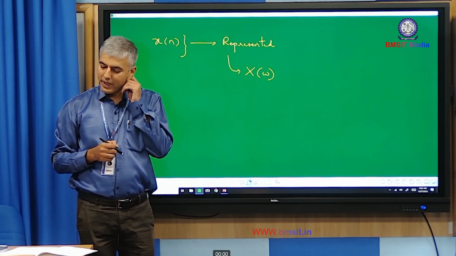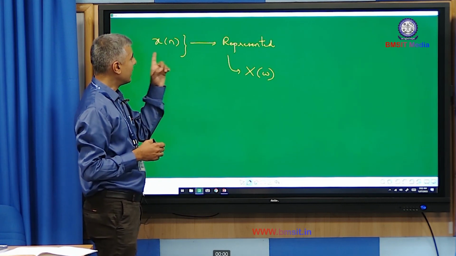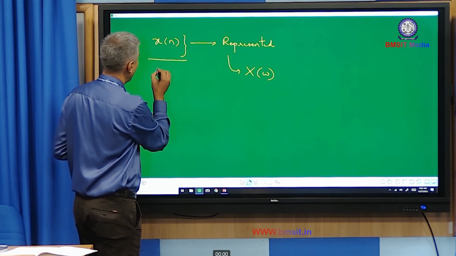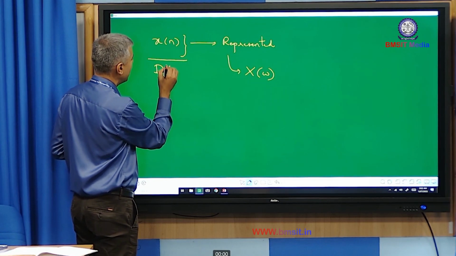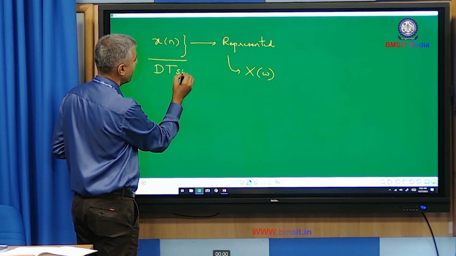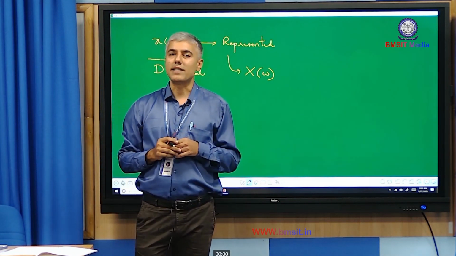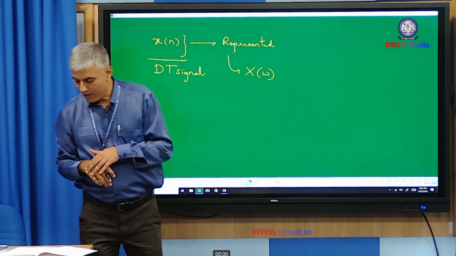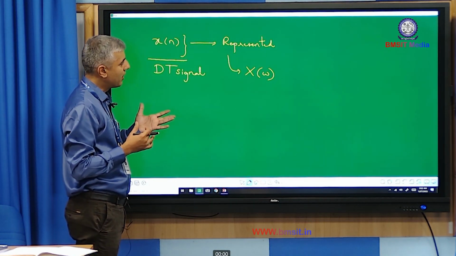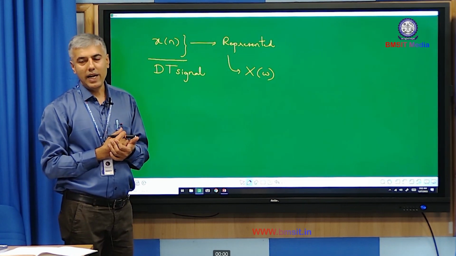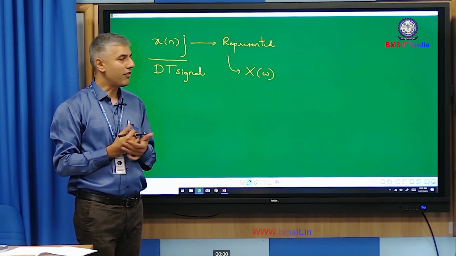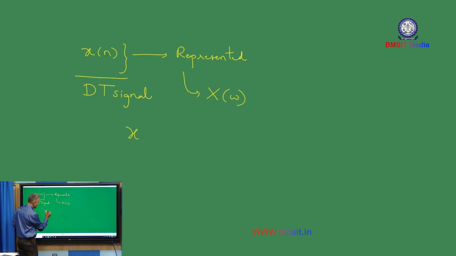So, to perform the frequency analysis on these discrete time signals, so this I can call a discrete time signal, we need to convert it to the frequency domain, and the tool that is used in converting x of n to X of omega is the Fourier transform.